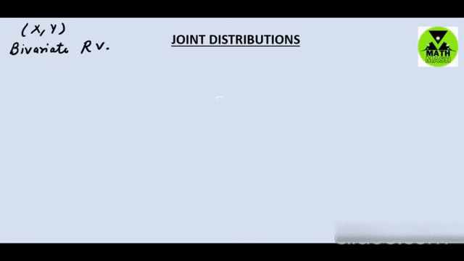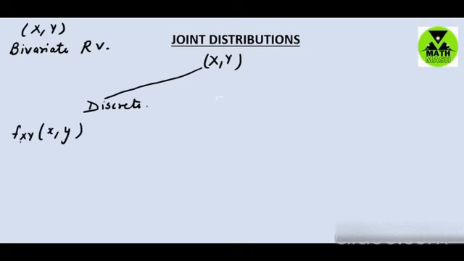Now, we are taking two random variables X and Y here. If both the random variables are discrete, then the function defined by these two random variables is denoted by f of XY, where capital X and Y denote the random variables, and small x comma y are the values that capital X and capital Y are taking.